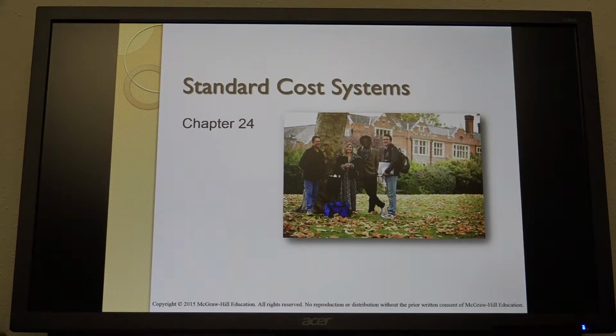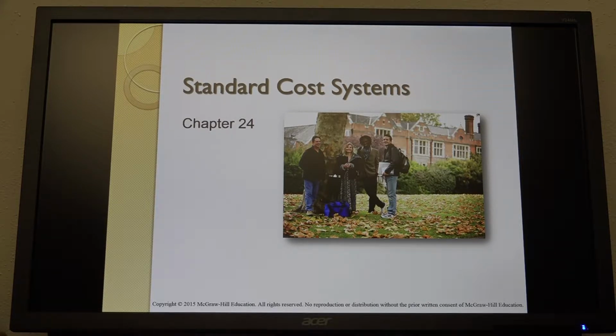Okay, so chapter 24, standard cost systems. What managers try to do here is determine standard costs of such things as what it costs to make a unit of whatever they manufacture.